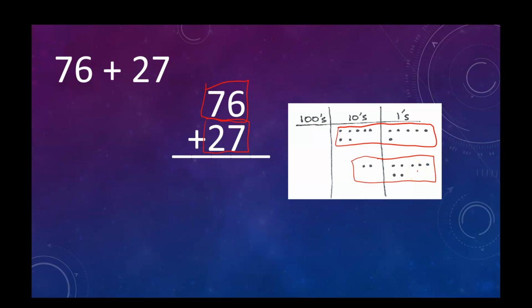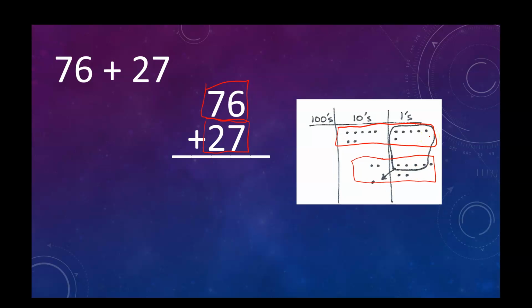So what they did after that was they counted to see if we could bundle up any here to move over to the tens. So let's count. The top we have 6. So from counting on from 6, let's count 6, 7, 8, 9, and 10. We were able to bundle those up and move it over to here. Because when we have a bundle of 10, it goes over to the next column.